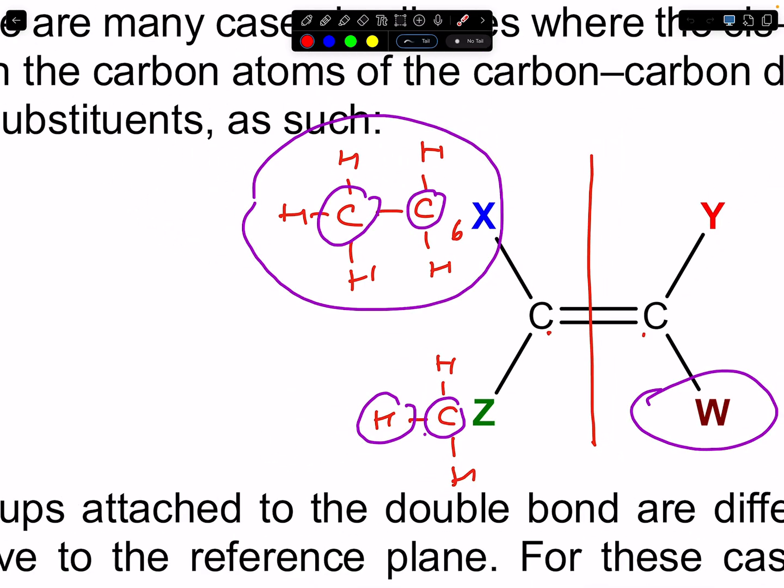You see X and Z, and then Y and W. So it meets the first criteria. But the second criteria is not met, which is that across the carbon-carbon double bond there must be similar groups. Is there any similar groups? Don't have. So that's the difference between cis-trans and EZ. EZ isomerism only meets the first criteria, never criteria number 2.